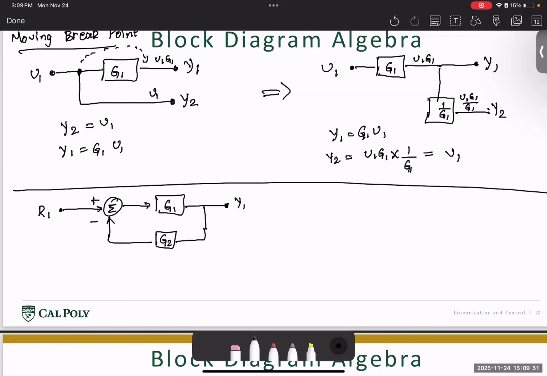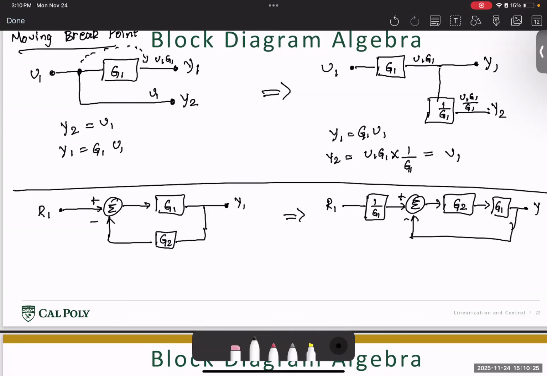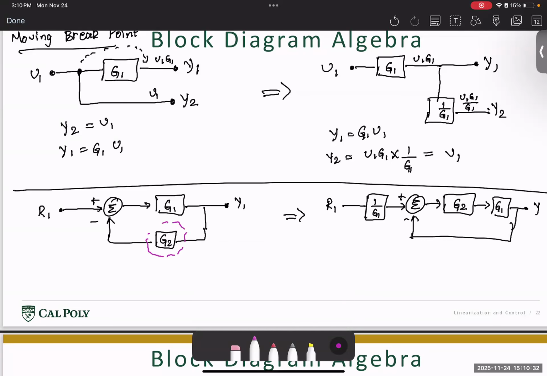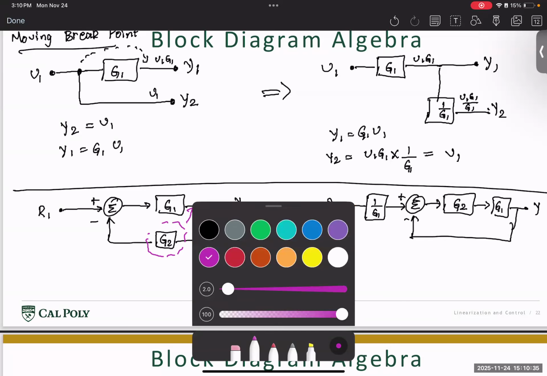Now, if I want to move the feedback block, this is the same as me saying I have some R1 times 1 by G1, I have the summation with plus and minus, this is G2 times G1, Y. Essentially what I have done is I have taken this feedback block and I've completely moved it towards the numerator.